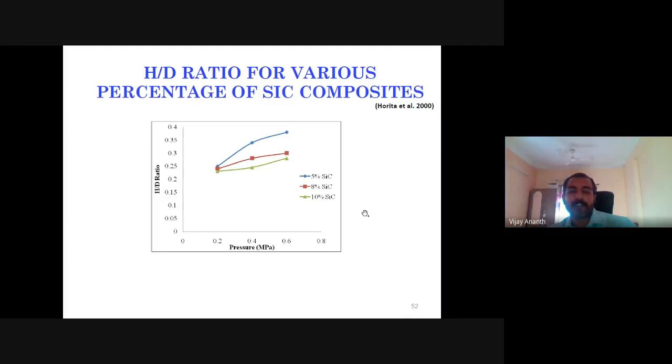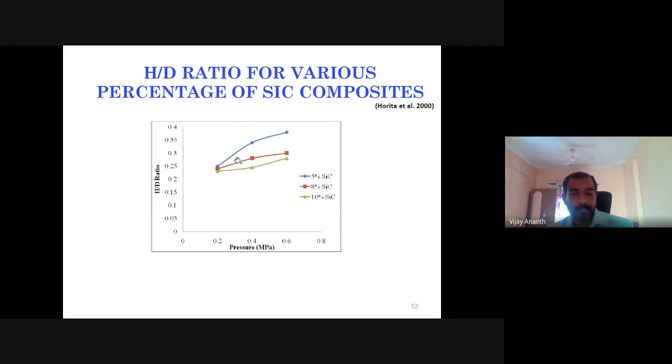H by D ratio is one of the important parameters to find out whether a composite is behaving superplastically or not. We can find through this process that any material with an H by D ratio of more than 3 has superplastic forming capability. So the 5% silicon carbide composite has very good superplastic forming capability, as we obtained by this test.